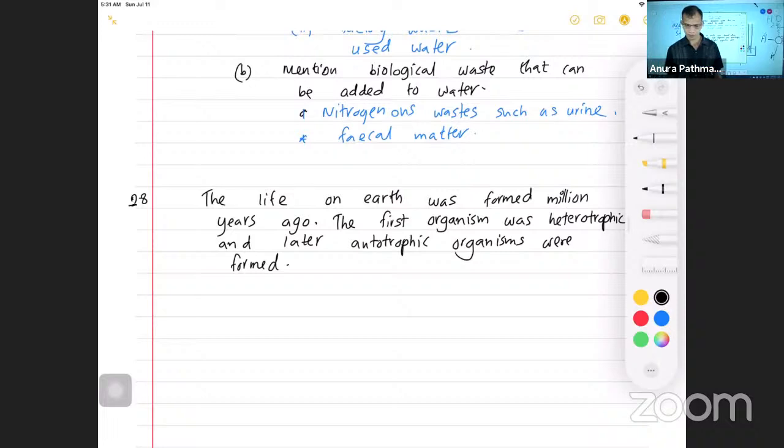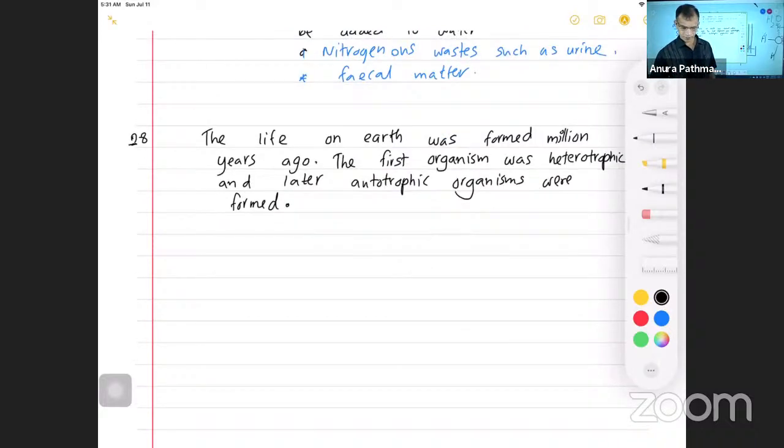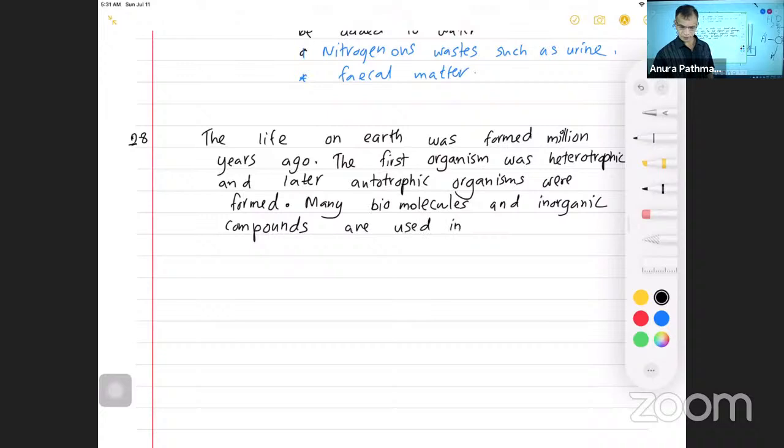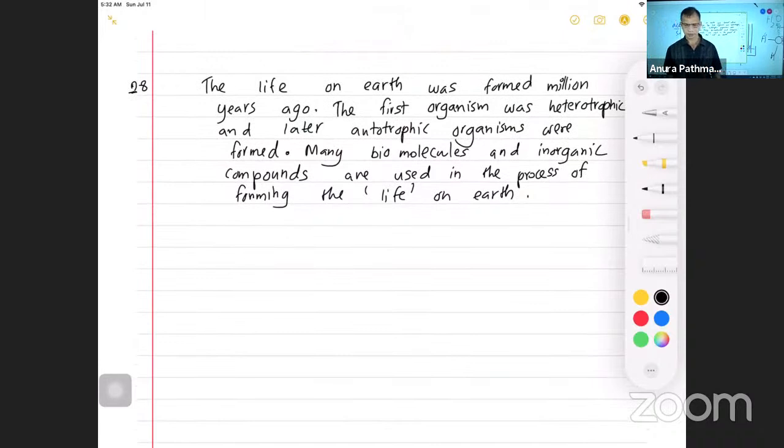Many biomolecules and inorganic compounds are used in the process of forming the life on earth.